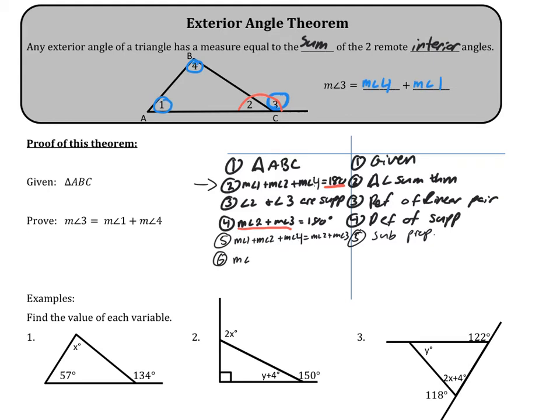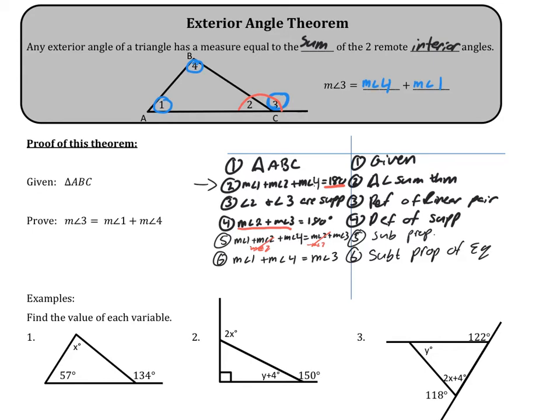So I'm going to be left with the measurement of angle 1 plus the measurement of angle 4 is equal to the measurement of angle 3. Really I just went in here and said minus the measurement of angle 2 on both sides. That cancels, and I'm allowed to do that because of the subtraction property of equality, saying that I can subtract the same thing from both sides.